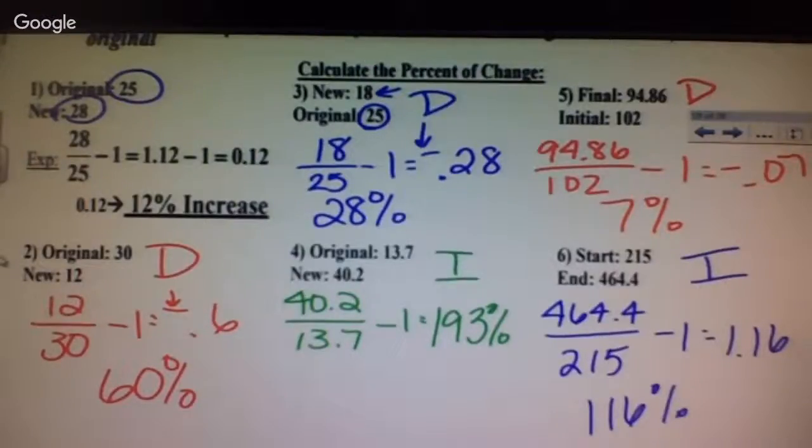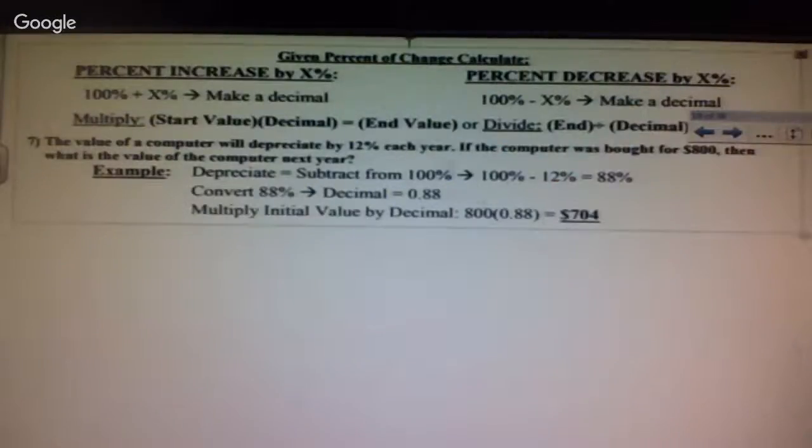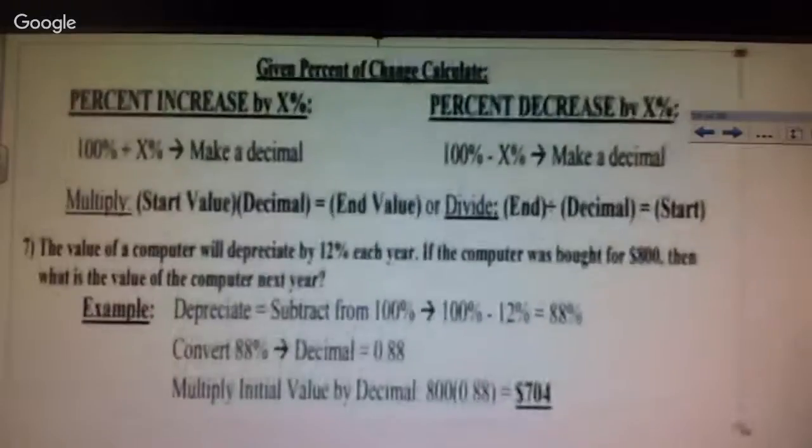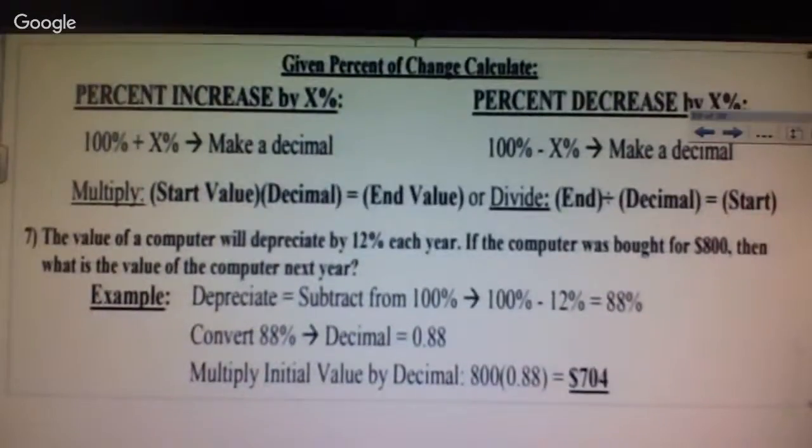Okay, the next section, we're going to look at actually finding prices of things, knowing that it's on sale by how much. So the next piece, we're going to talk about percent increase and percent decrease. If I'm increasing, I'm adding my percentage to 100 to make it a decimal.